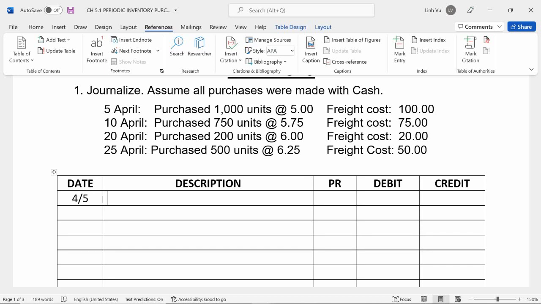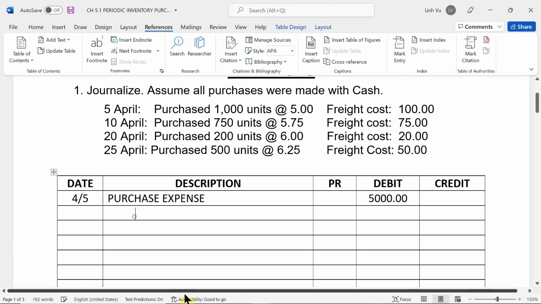Purchase expense, for how much? $5,000. Remember the monetary assumption: it has to be in terms of dollar value, not quantity.